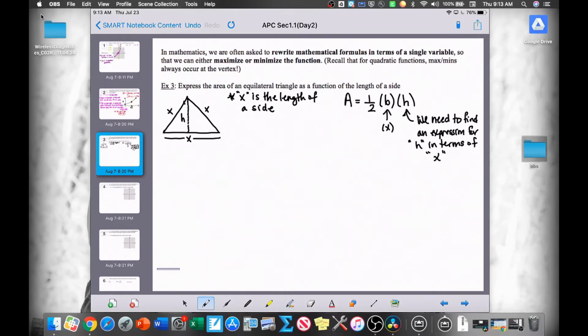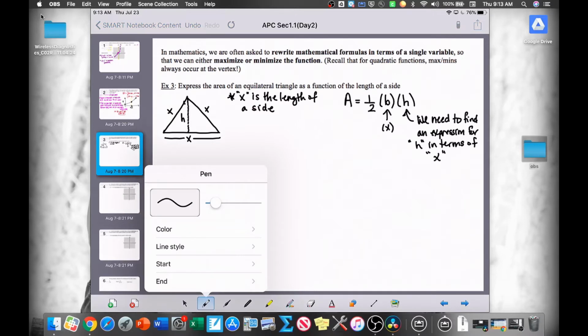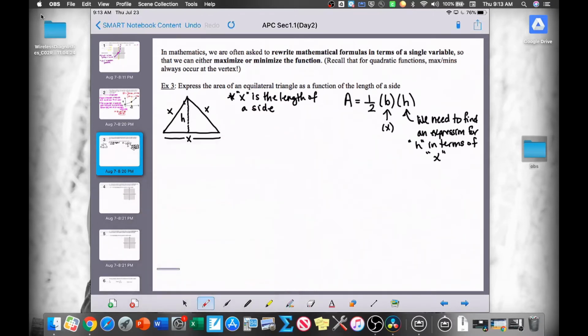Well, when I look at my picture that I've drawn, what I know for sure is that when I drop that perpendicular line down to the base and I call it height, it creates a right triangle, right? And so if I were to now pull out that new triangle that I just created right here, where this side of my triangle is the height, and then the height obviously bisects that base in half.